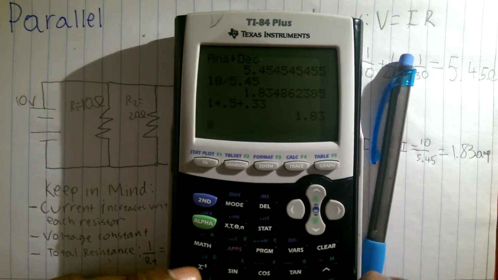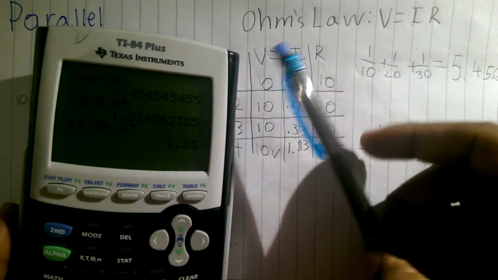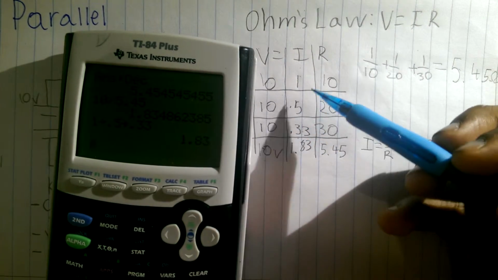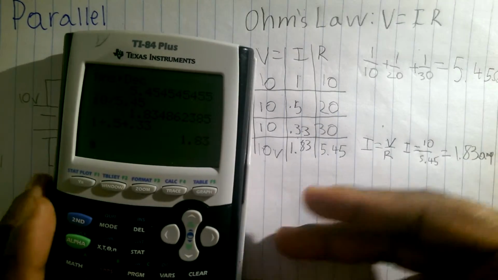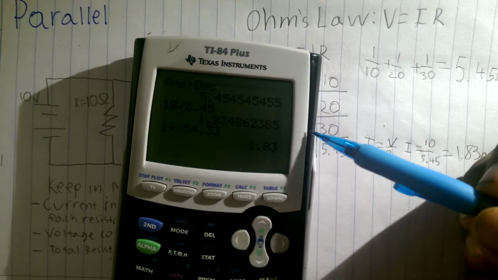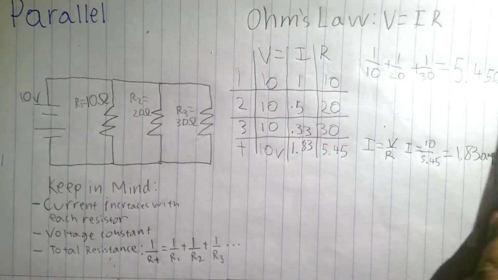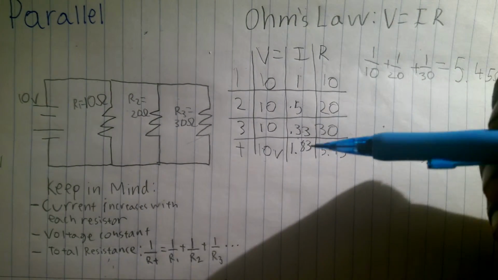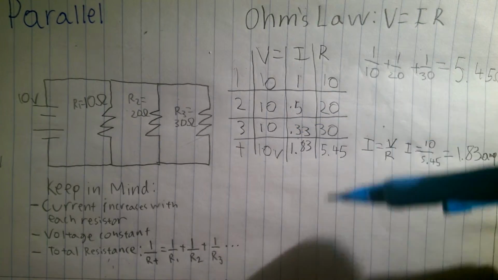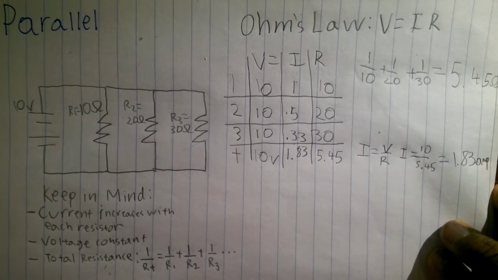And what does that give us? 1.83, which is exactly what we got last time. Now remember, we rounded these values, therefore it's not exact, because the exact value is 1.8348 and so on. But since we rounded everything to the nearest hundredth, 1.83 works fine.